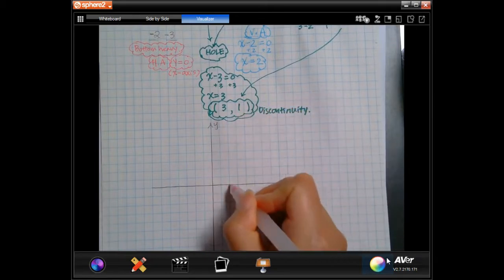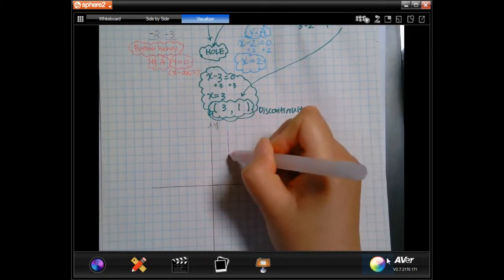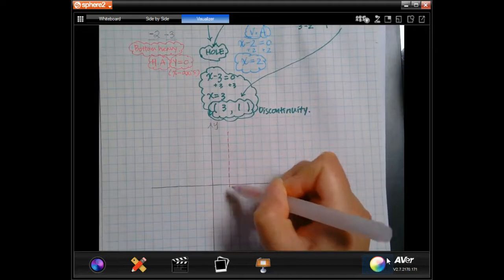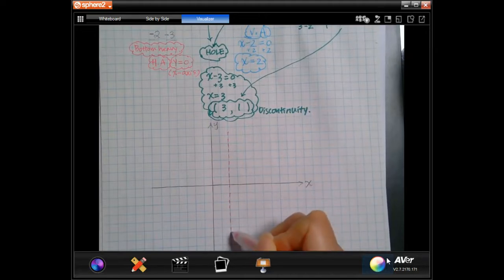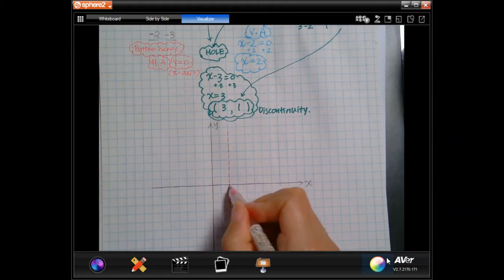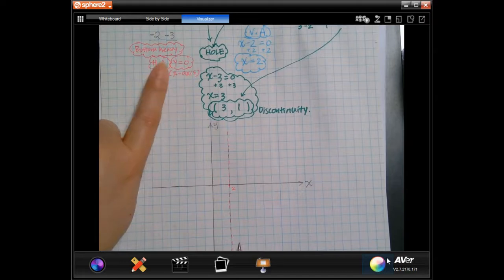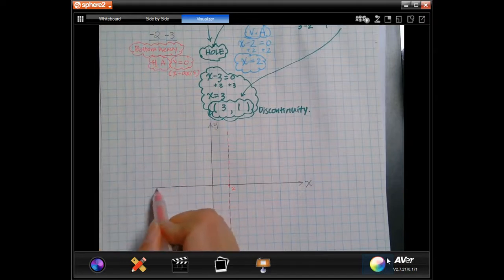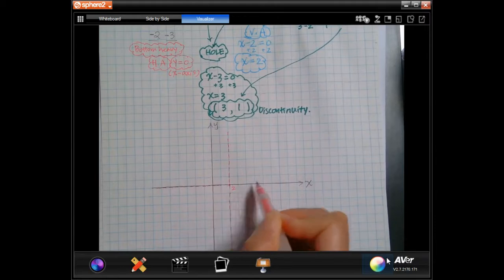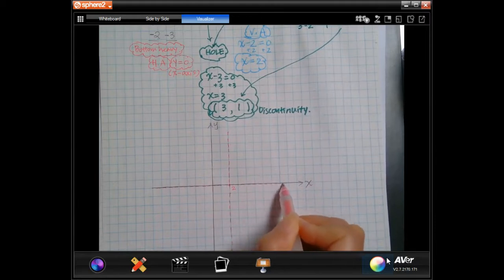So 1, 2 here. So this is 2. Then the horizontal asymptote is just the x-axis, so I will just have my dashed line passing through the x-axis there.